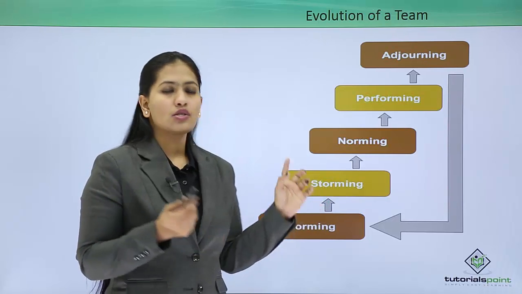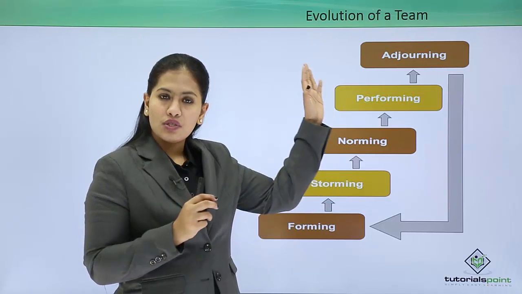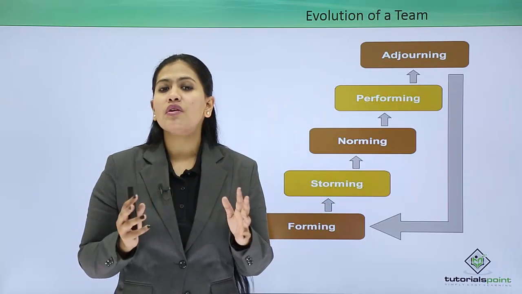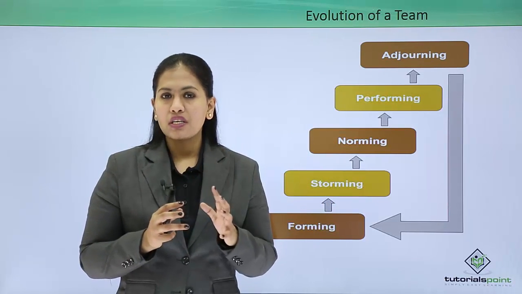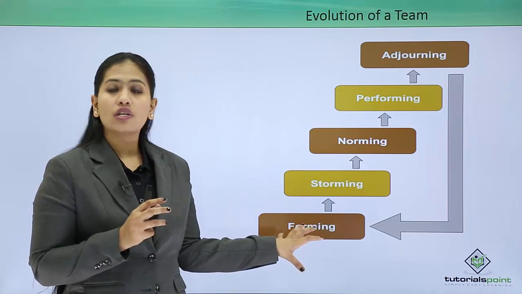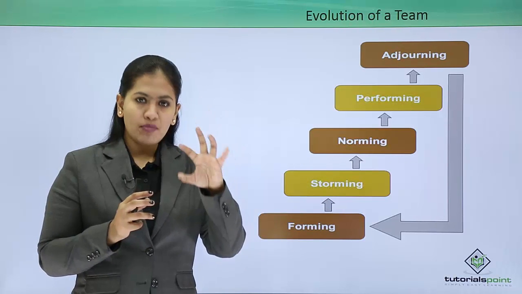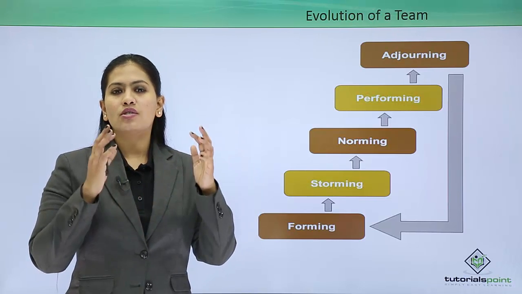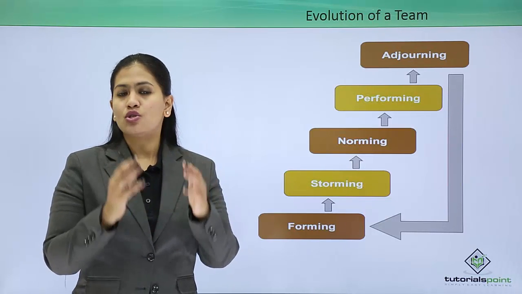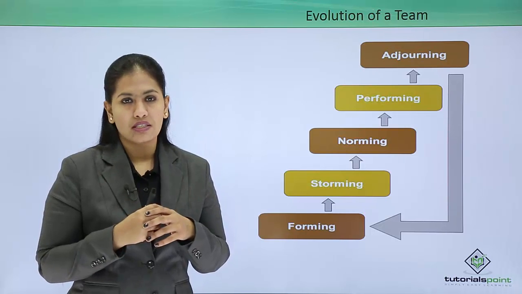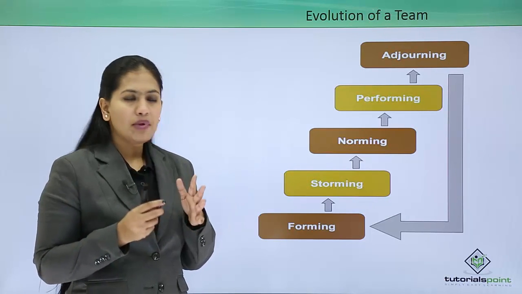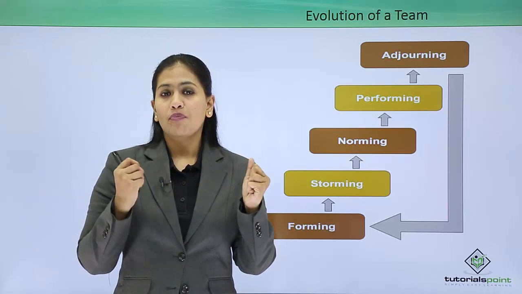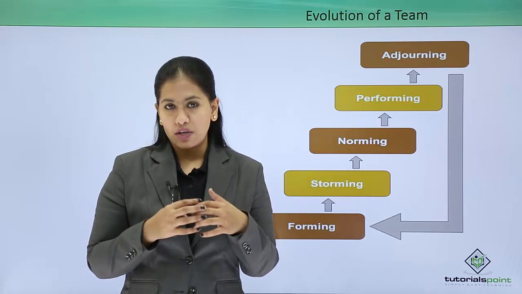Storming is the most difficult stage of these five stages of team evolution. For a simple reason: we gather the information at the forming stage, pick up that information and give feedback based on the job role, job requirement and job need.